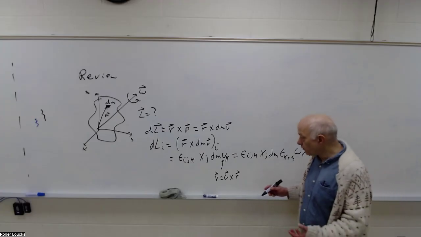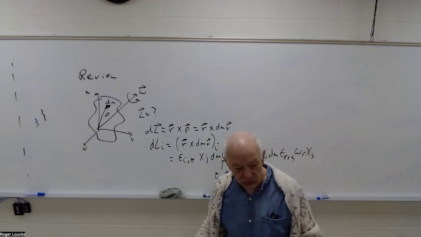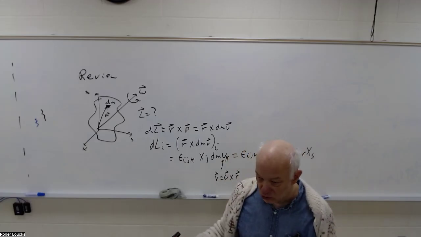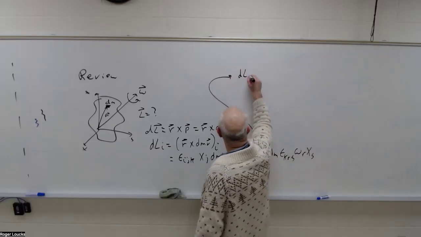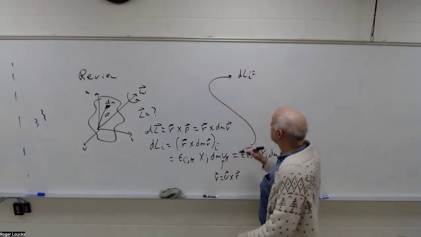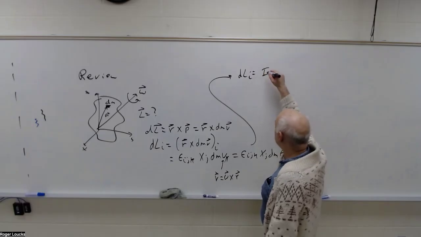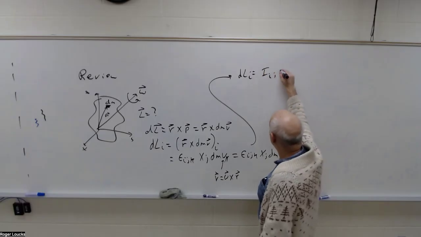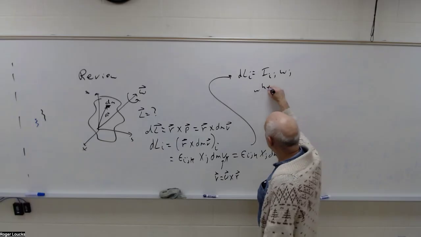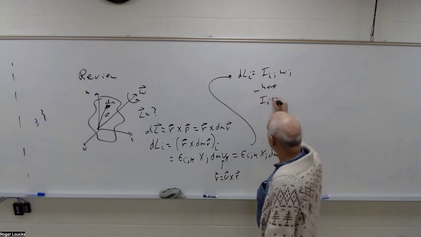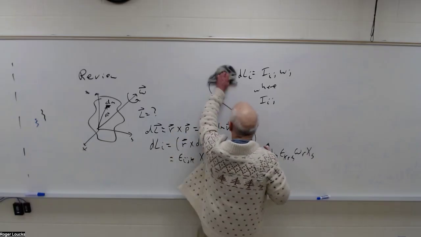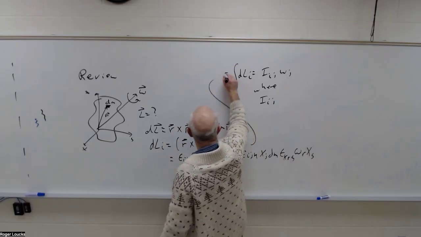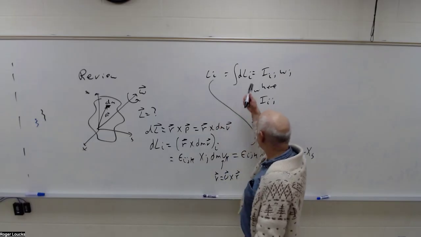Then we beat on this a lot. I'm just going to jump to the result. This repeats a very similar derivation for the kinetic energy, so I won't go through that. And what did we end up with? We ended up with L_i equals I_ij omega_j. We integrate this, so if we add these all up, we get this.